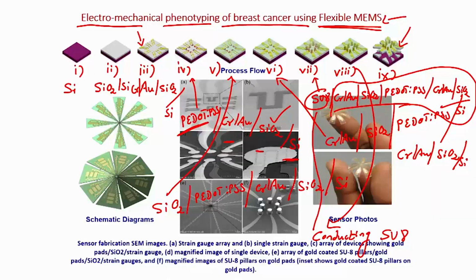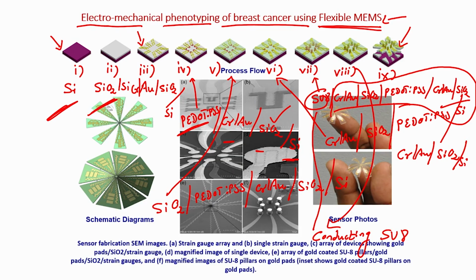detach the sensor or the biochip from the substrate. How can you detach the biochip from the substrate? Can you do that? You cannot do that, right. So, when you grow silicon dioxide on silicon, on that you can use PDMS. If you see the screen, here we have silicon, then silicon dioxide.